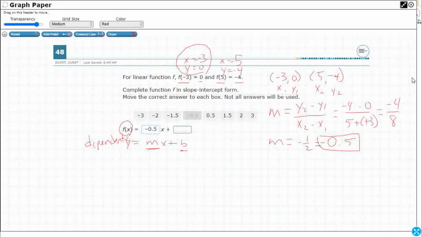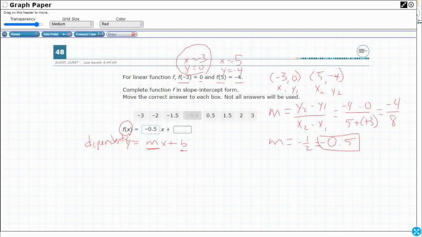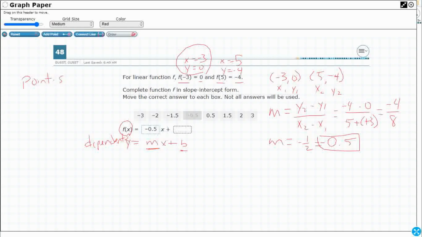How I get my y-intercept, remember, is going to be that point slope form. So point slope, that is y minus y1 equals m times x minus x1. I can use any x, y. Let's just use that one because it's got a 0 in there.